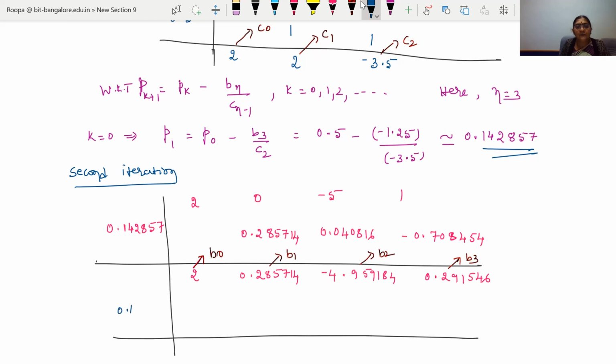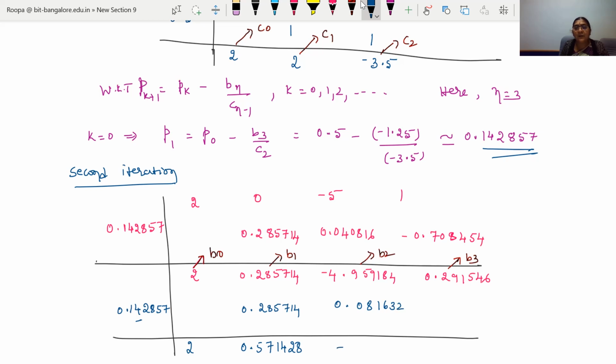Next, again I have to do the synthetic division method. We are finding C0, C1, C2. 2, 0, minus 5. 2 into 0.142857, we get 0.285714. Add these two, we get 0.571428. Using calculator, again multiplied with this value, we get 0.081632.